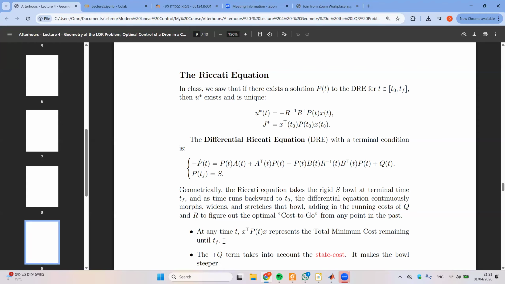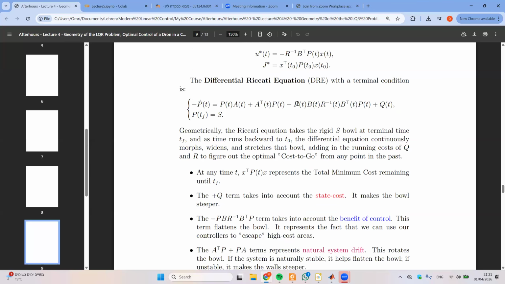So clearly at time tf, we need to actually have our final term cost. So that's why we have this term here. Now, clearly we need to take into account the Q and the R. So you see here we have this plus Q term. This takes into account the state cost. So the state cost makes the ball steeper.